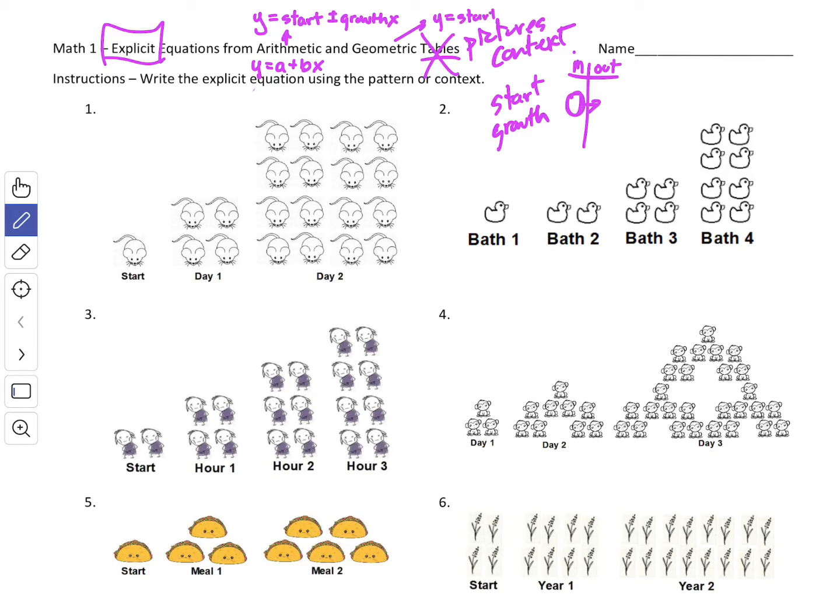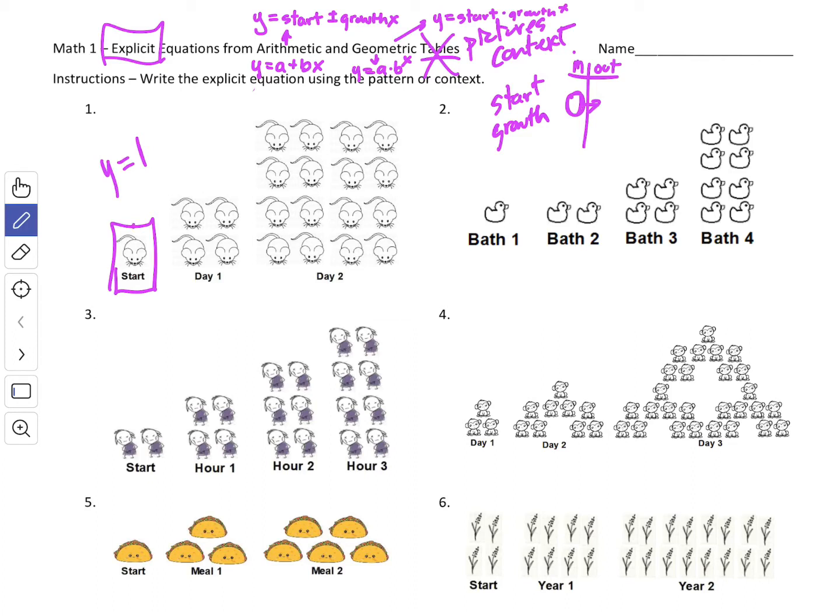For geometric, it's y equals our start times the growth, or divide, to the x power, or y equals a times b to the x.